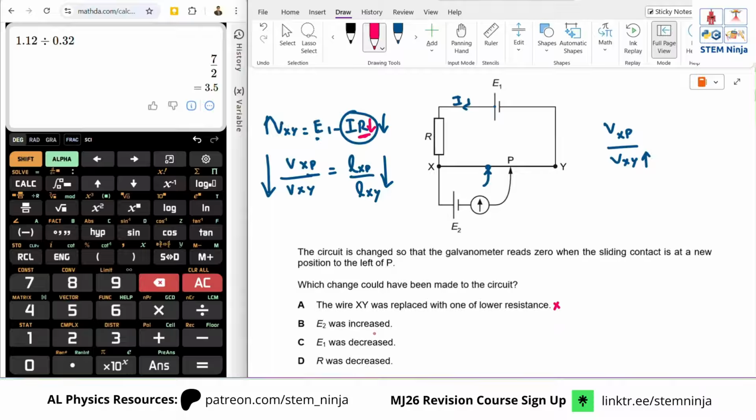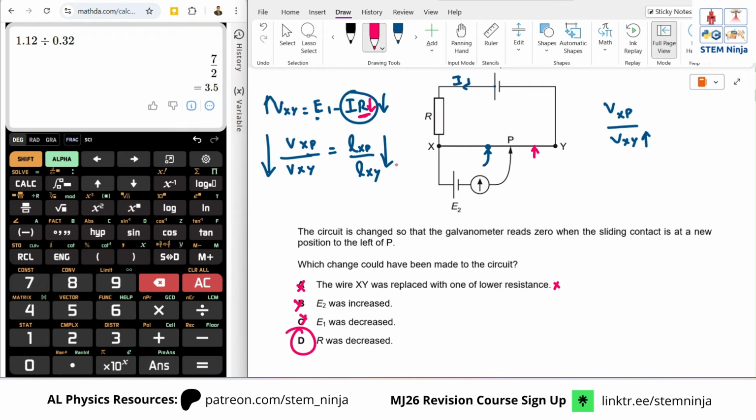No. E2 was increased? No, if E2 was increased, we would have needed a larger length. So no. E1 was decreased? No. And R was decreased. R was decreased. Yes.